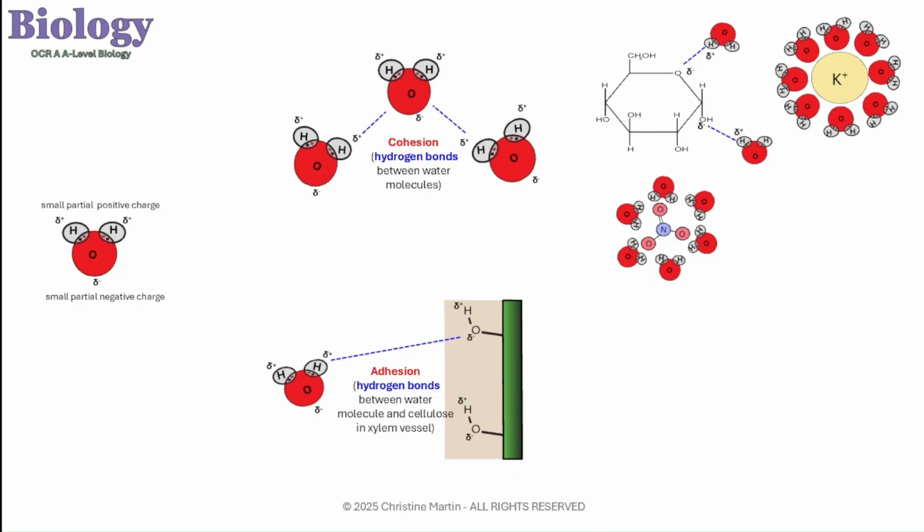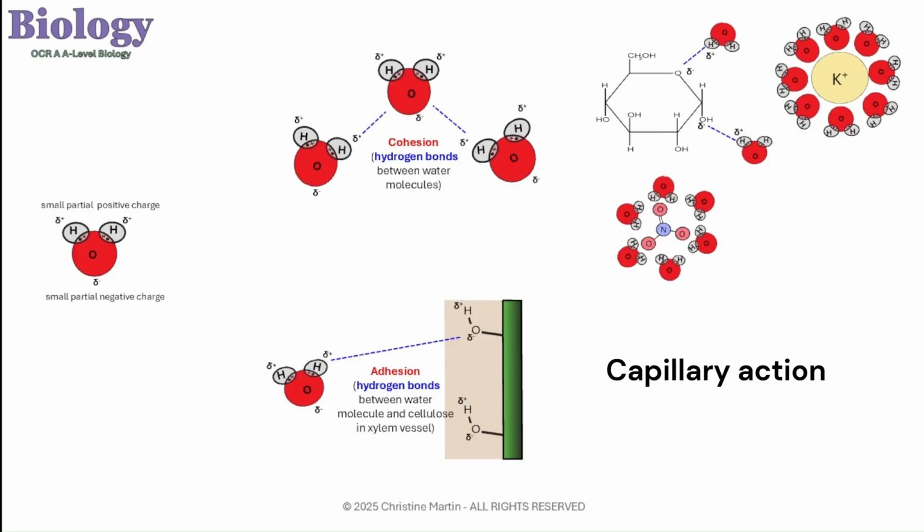While cohesion describes the attraction between the water molecules, adhesion occurs when water molecules are attracted to a different material, such as the walls of the plant xylem or glass. Now, these adhesive interactions combined with cohesion allow water to climb narrow tubes against gravity. That is a process known as capillary action, and it plays a vital role in transporting water in plants.